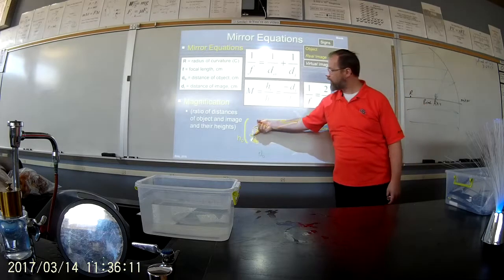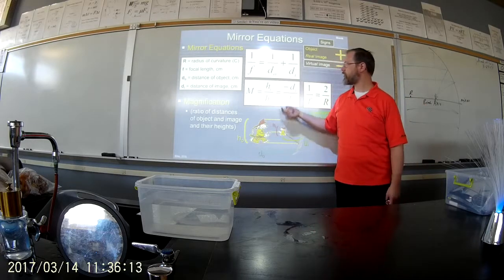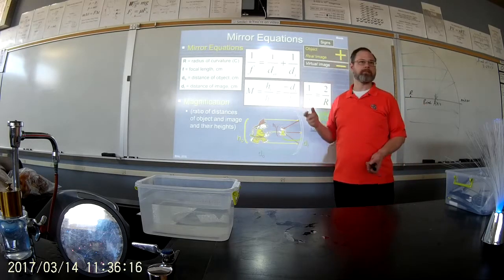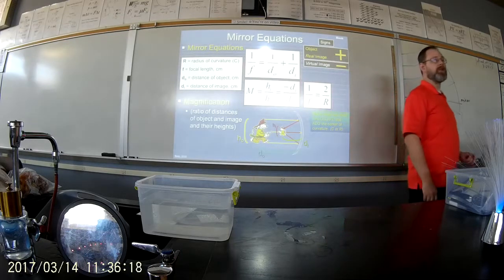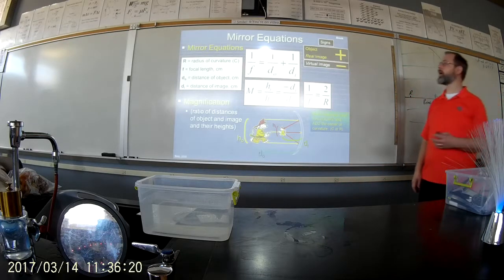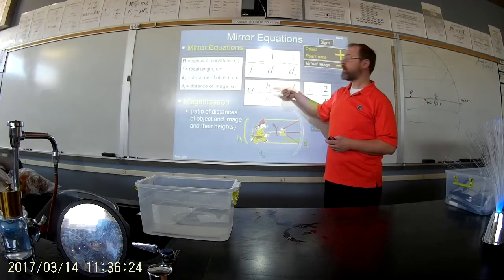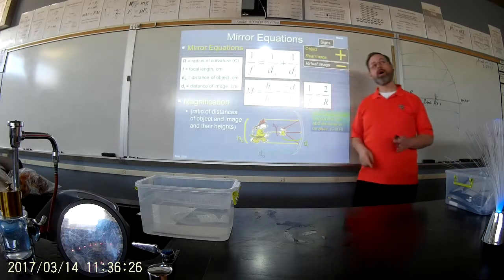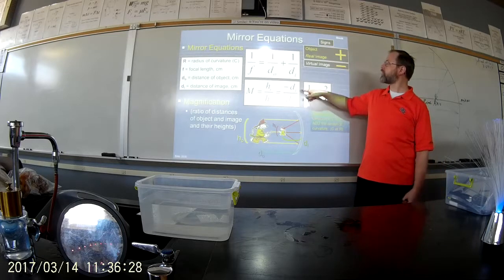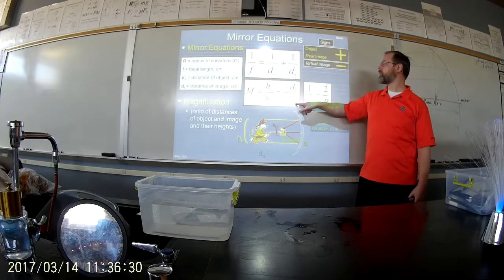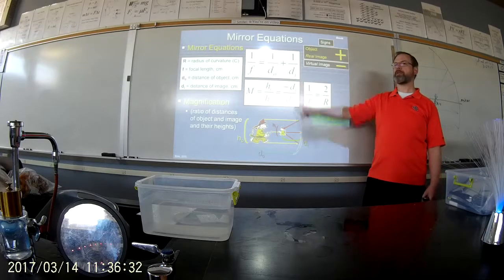The height of the object and the height of the image are just sizes. And magnification can be found two ways. It can be found as the ratio of the height of the image to the height of the object, or it can be found as the negative ratio of the distance of the image to the distance of the object. And I'll explain why that's kind of weird in a second.